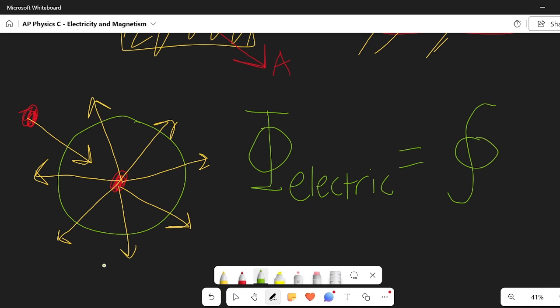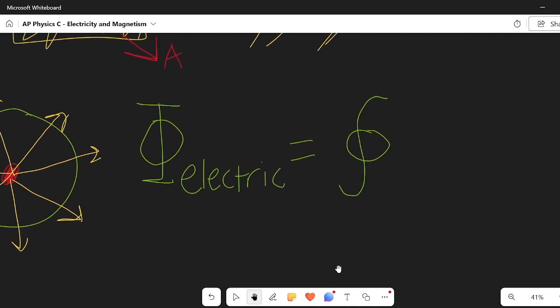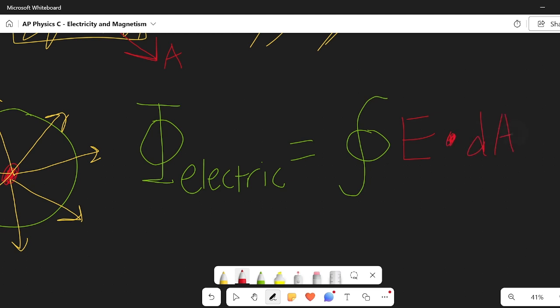Here we have a Gaussian surface, which we'll cover more later, and this circle in the integral sign essentially means around that enclosed surface.